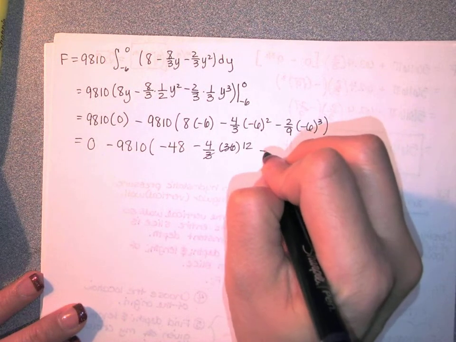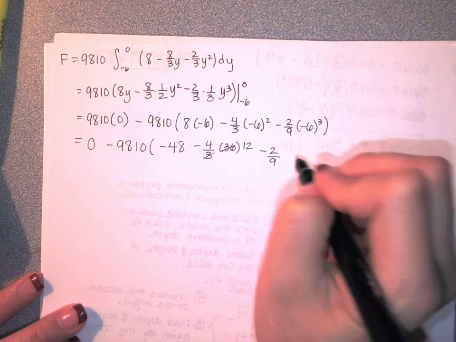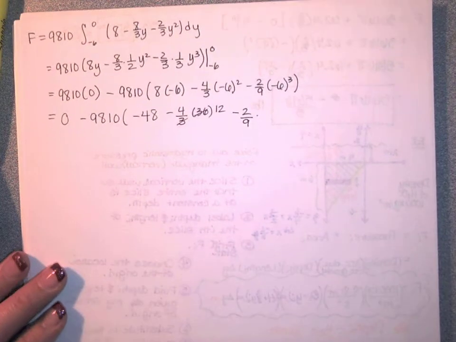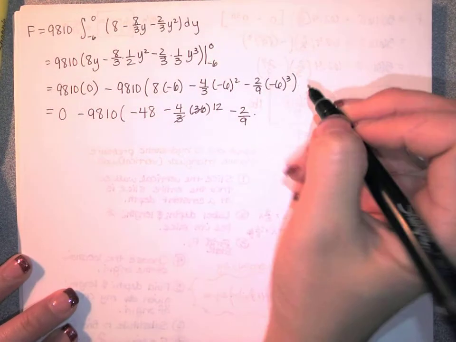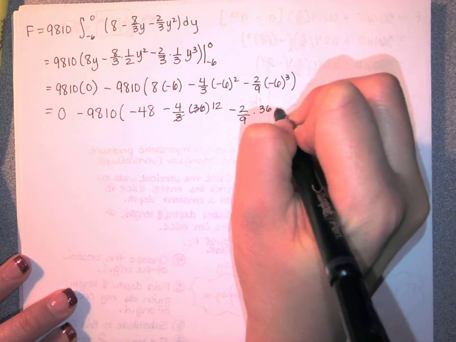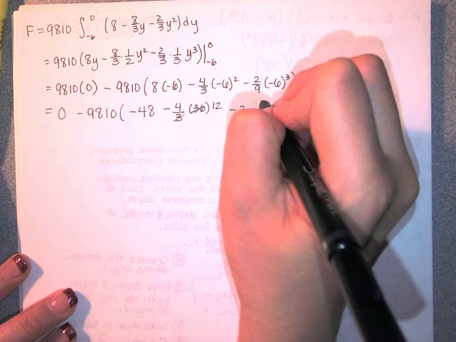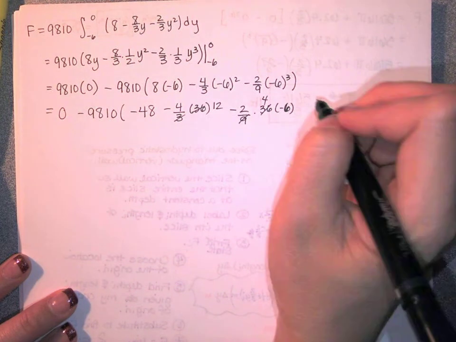And this is going to be -2/9 times 6 times 6 times 6. What is that? I'm not even sure. I'm just going to say 36 times -6. 9 goes into 36 4 times.